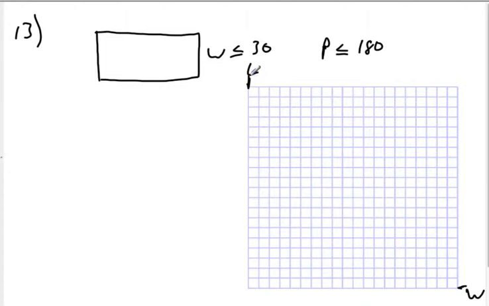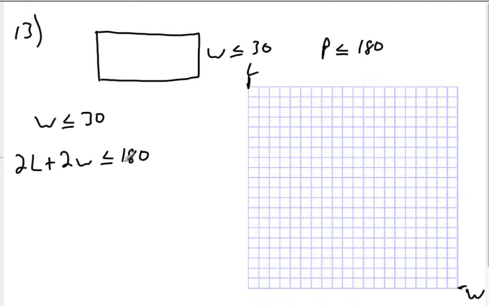And so the width has to be less than or equal to 30. So my two equations are going to be width less than or equal to 30, and perimeter, so 2L plus 2W less than or equal to 180. So I've got to figure out what kind of scale I should use.